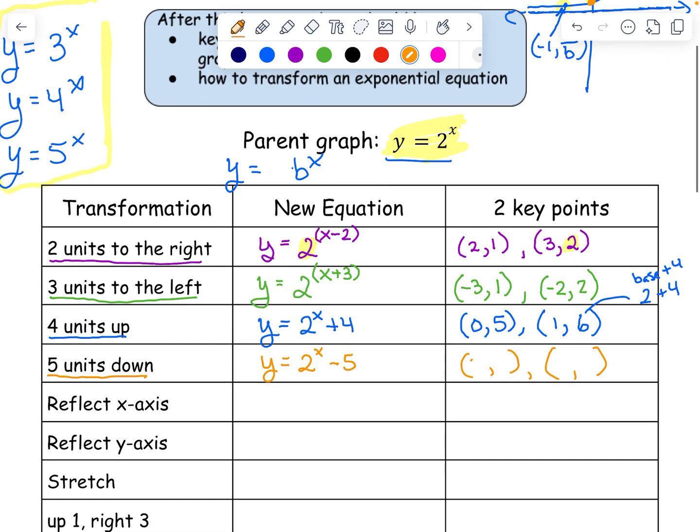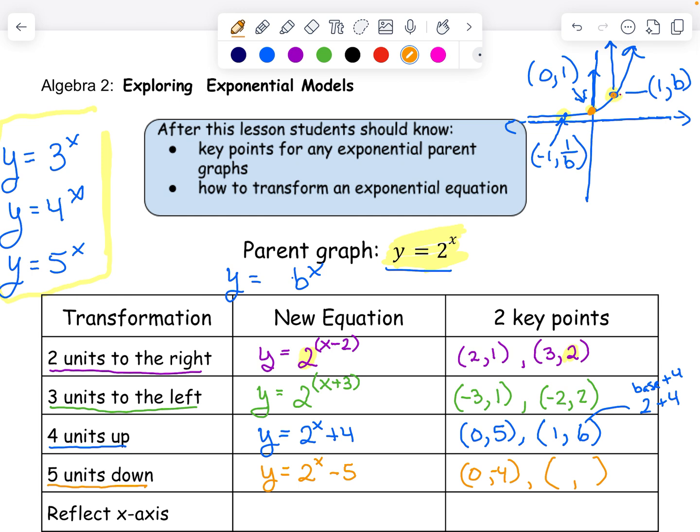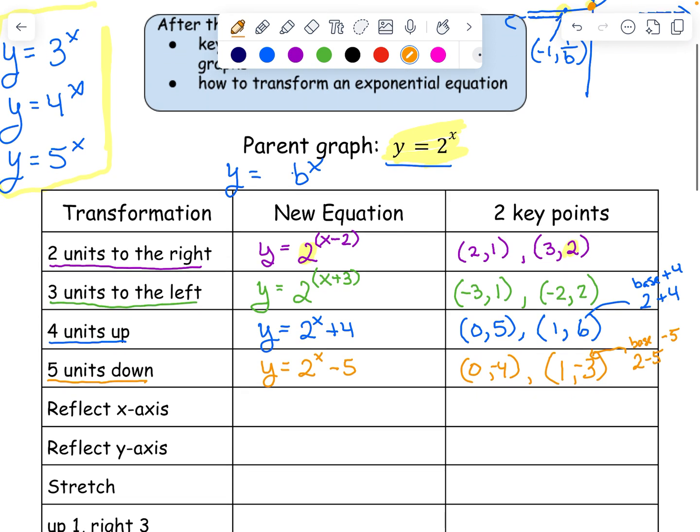So now that's going to be at (0, -4). We'll take this point right here and we're going to still be at 1, but we're going to take our base minus 5. So this is going to be at -3. And that's how we got that, base minus 5, because that was the original output.